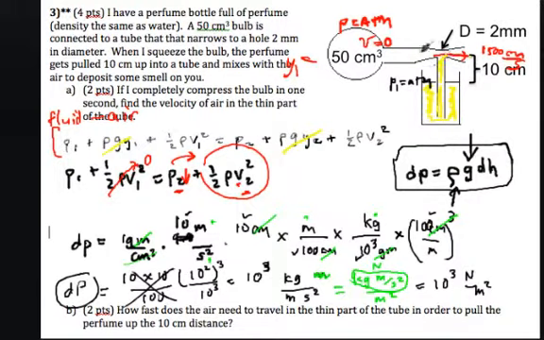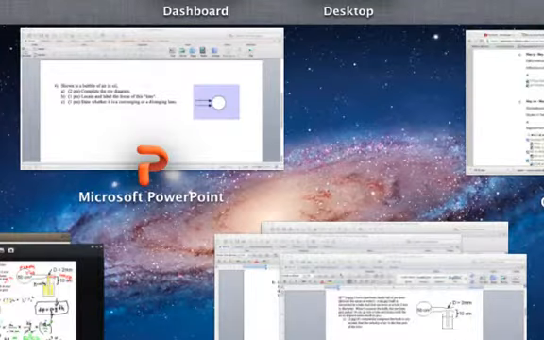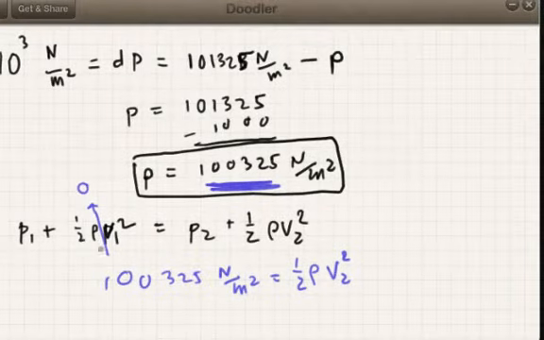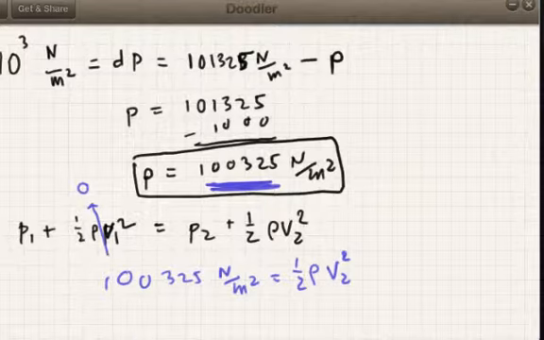Now we jump over and ask, what does this velocity need to be? Well, this is a different gas altogether, a different fluid. This fluid right here is pressed through at a velocity, and the pressure drops in order to accommodate the energy gain in this velocity. So we know the pressure has to drop. This pressure minus that pressure must be 1,000 newtons per meter squared. Actually, I'm a little bit tired, so this is not making sense.